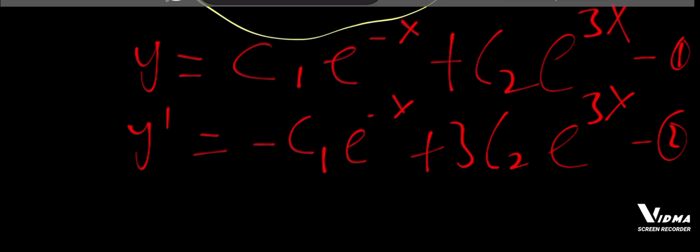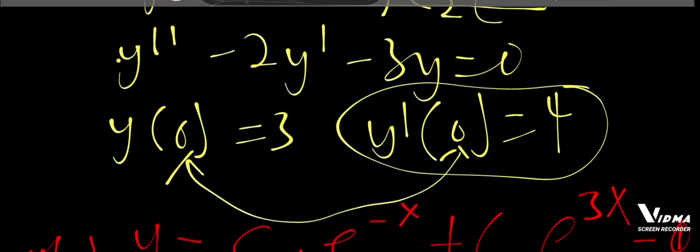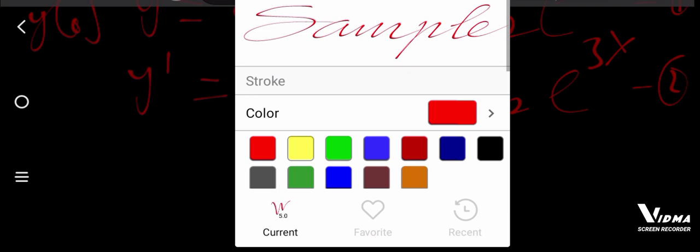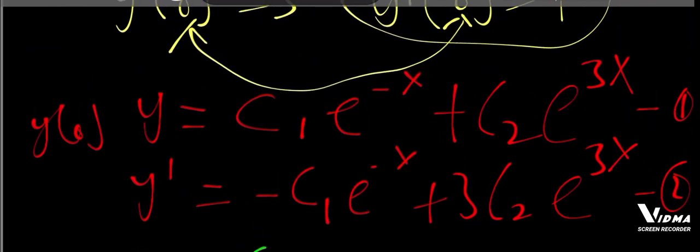Okay, so substituting y at 0, y at 0 is 3. So I'm going to end up with 3 is equal to, it's just positive c1, because x is 0.